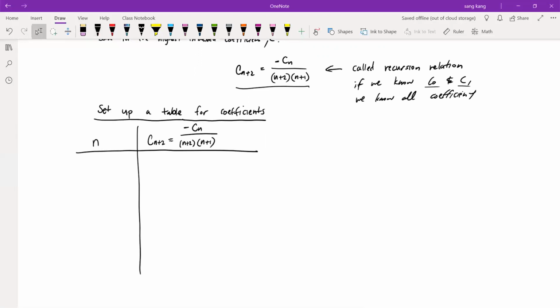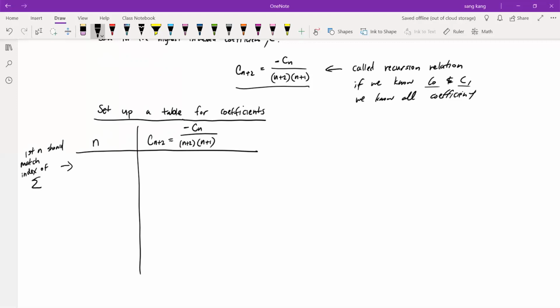Okay, so what n do we start with? You don't necessarily always have to start with 0 or 1. What dictates what n you start with is this first n should match your starting index of your sum.